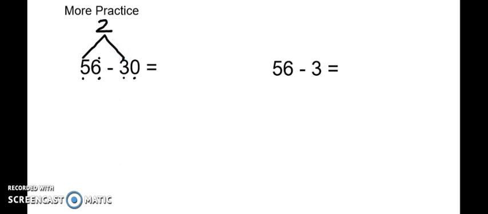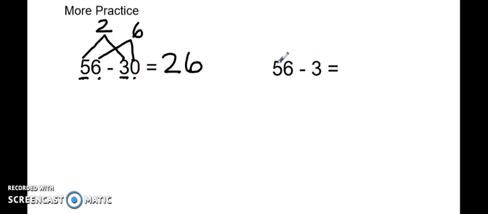And then we can do 6 minus 0. 6 minus 0 is 6. So then our answer would be 26. Again, the only digit that changed was the digit in the tens place.